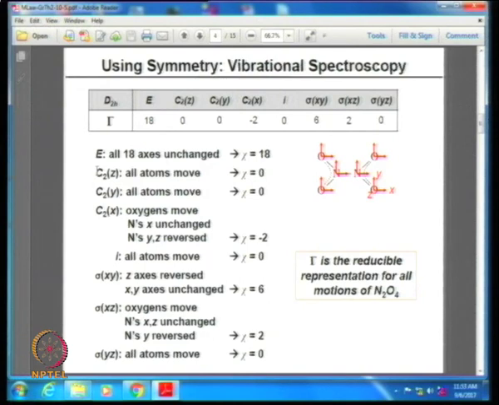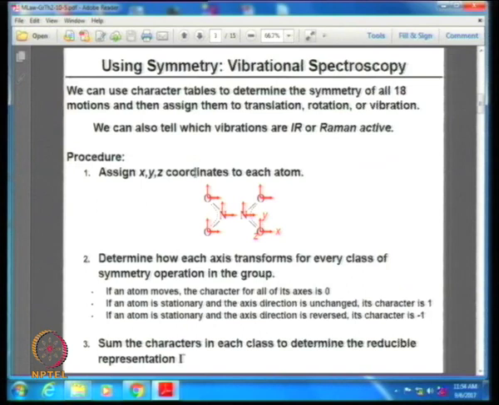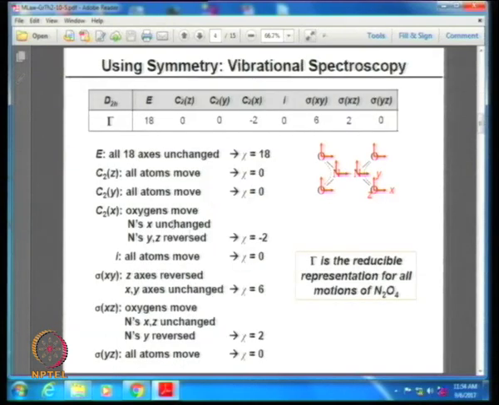So for example, you take C2, which is the 180-degree rotation around the z axis, and ask what happens under that to z. Following this rule, if an atom moves, then the character for all its axes is 0.